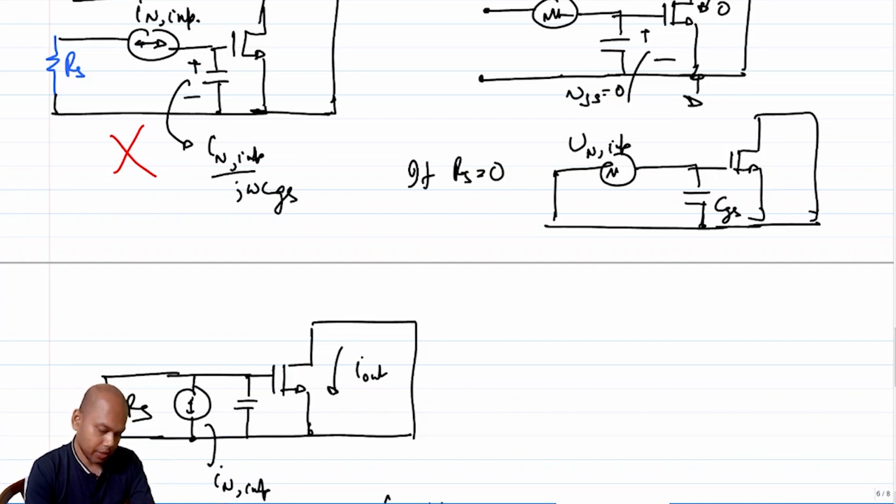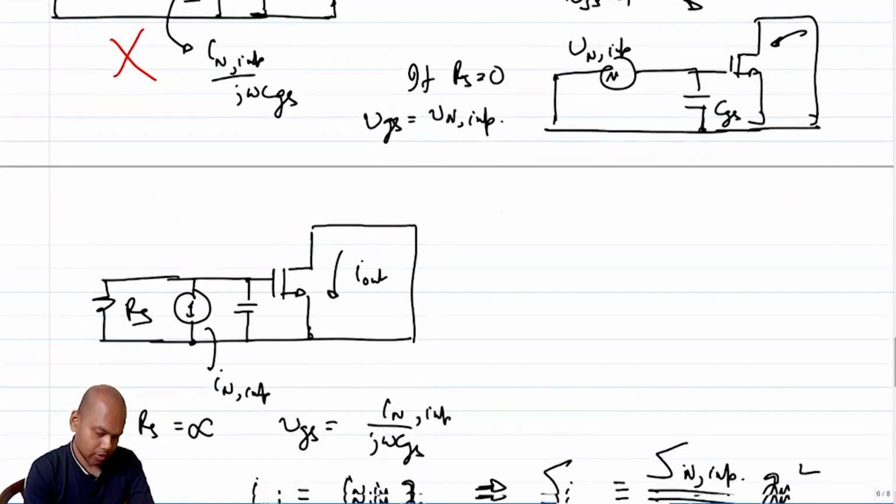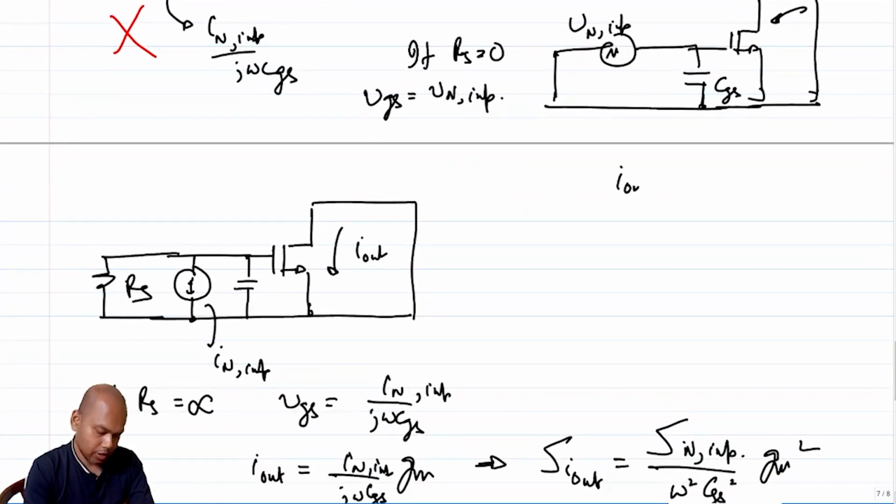So in this case, my VGS is equal to VN input referred, which means I out is equal to gm times VN input referred.